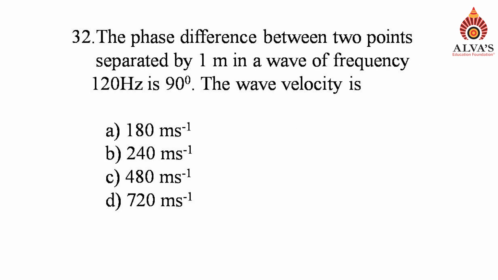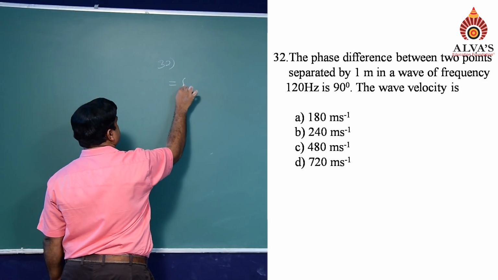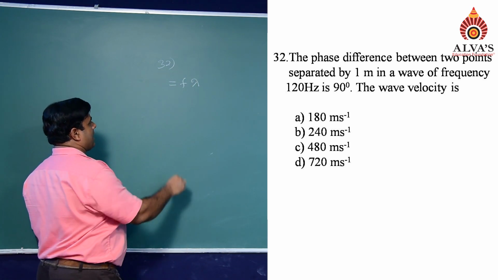The phase difference between 2 points separated by 1 meter in a wave of frequency 120 Hertz is 90 degree. The wave velocity is. You have to calculate the value of wave velocity. Separation between the 2 points means path difference is given, 1 meter. Corresponding phase difference is also given, frequency is given. So, wave velocity is nothing but f into lambda. F is known, find the value of lambda.